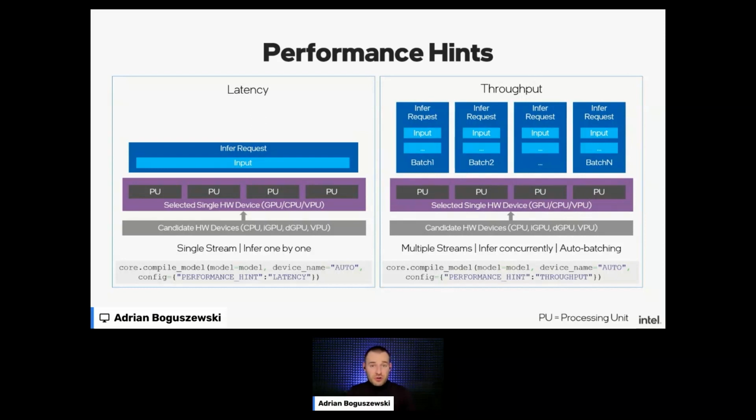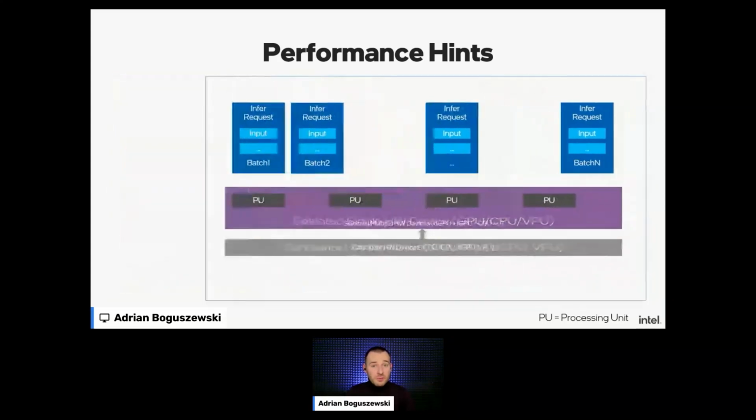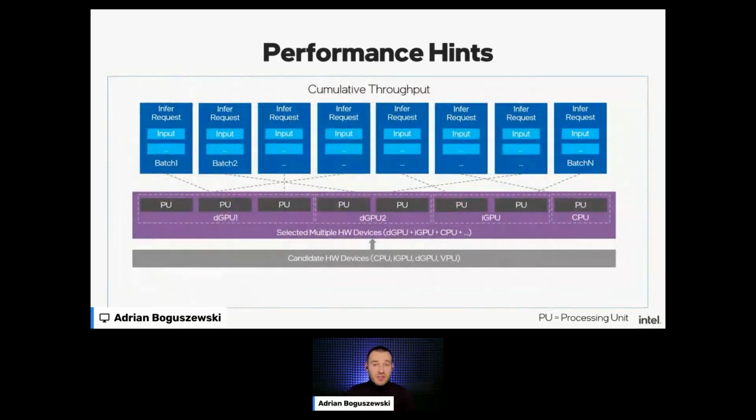And there is one more mode for performance hints, called cumulative throughput. What's the difference between throughput and cumulative throughput? In this case, Auto will select many devices, not one, from the candidate hardware list, and it will create, of course, multiple streams to infer concurrently with auto-batching, preserving device priority.